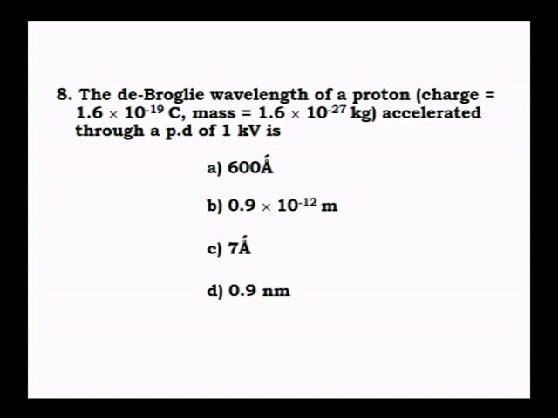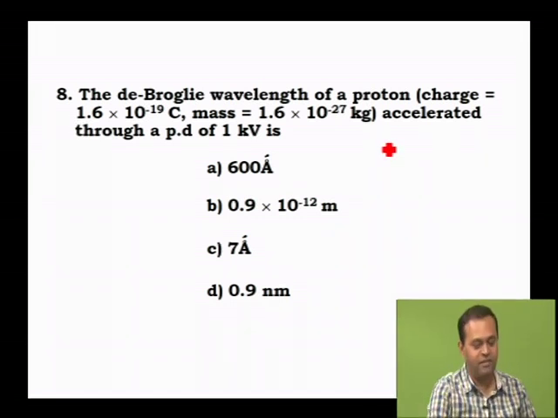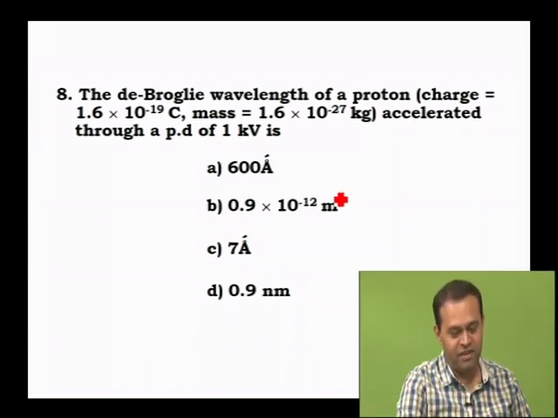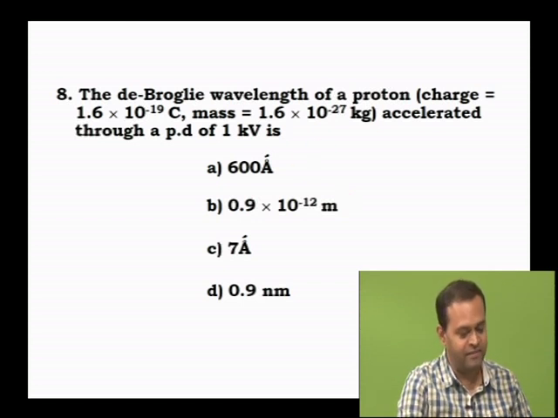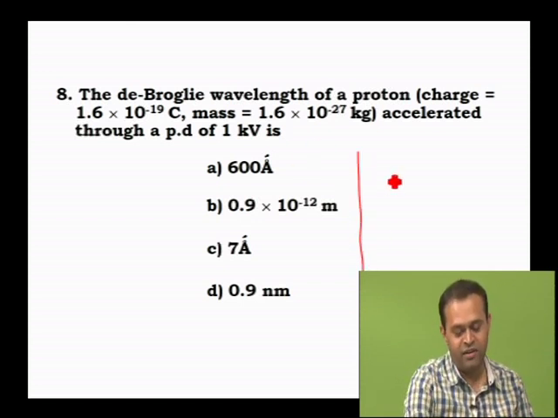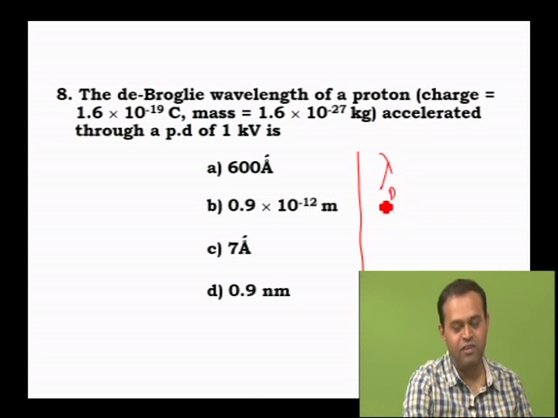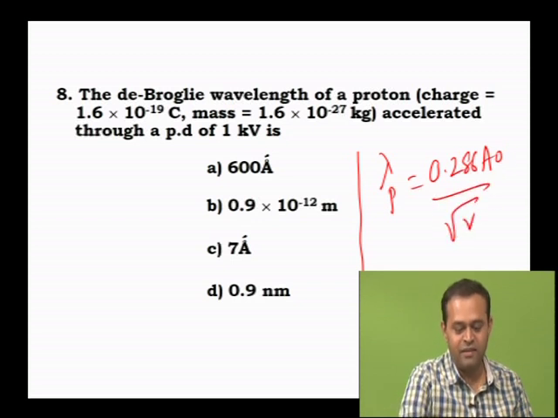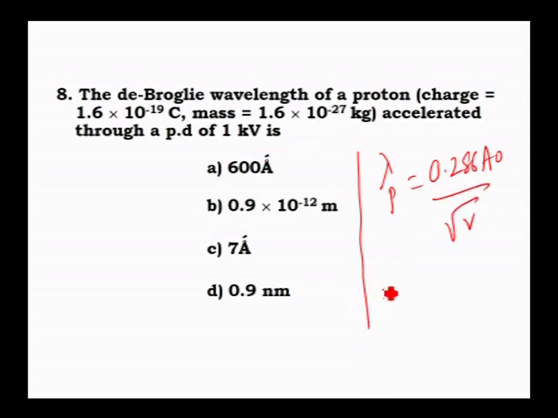Question number 8. The de Broglie wavelength of a proton, charge is given, mass is given, accelerated through a potential difference of 1 kilovolt is? Already told the shortcut for this. We know that the wavelength of proton is 0.286 angstroms divided by root V. Correct? Anyway, the potential difference is given.